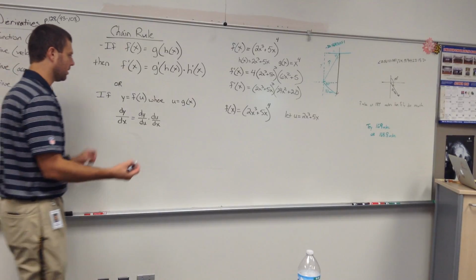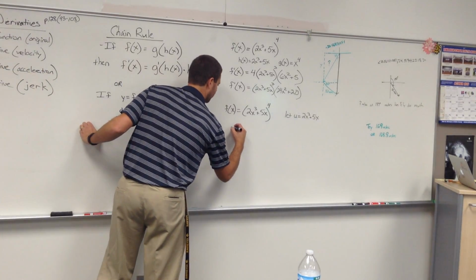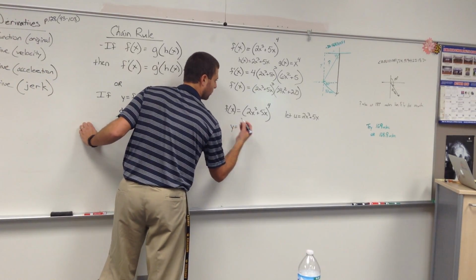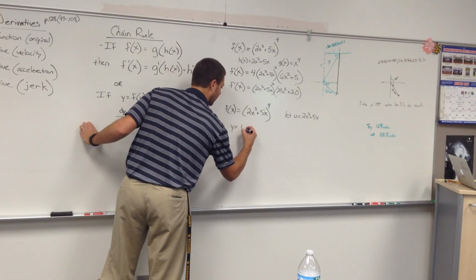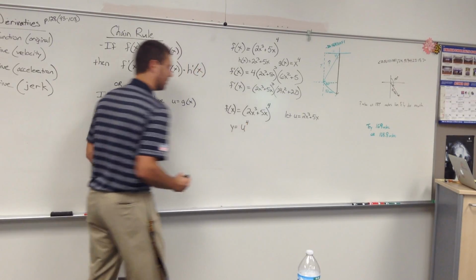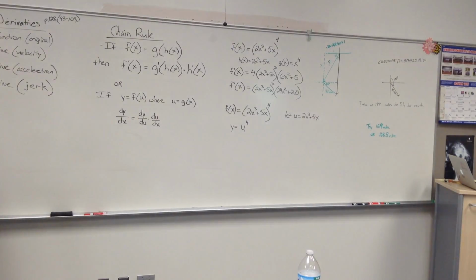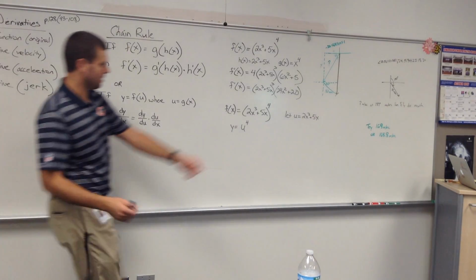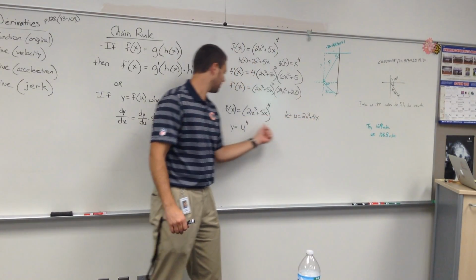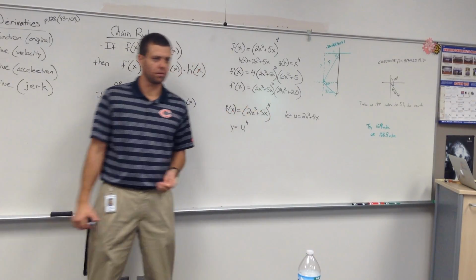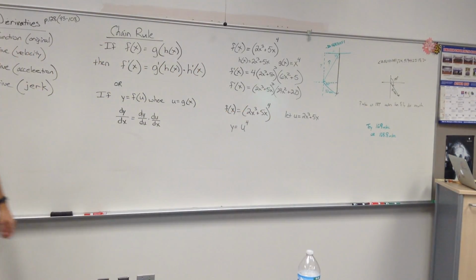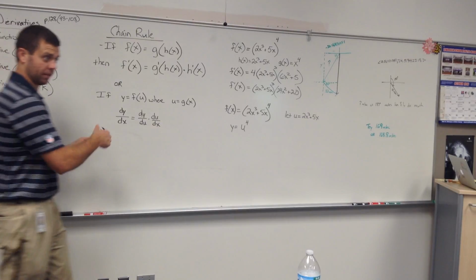So now, really, what I have is y equals u to the 4th power. Because if I take u and raise it to the 4th power, that's what I started with, right? Okay. So let's do the derivative of this.